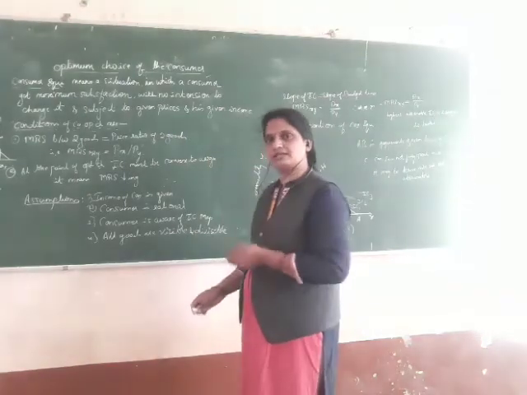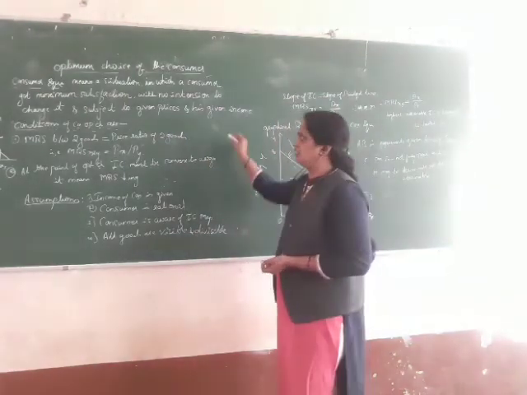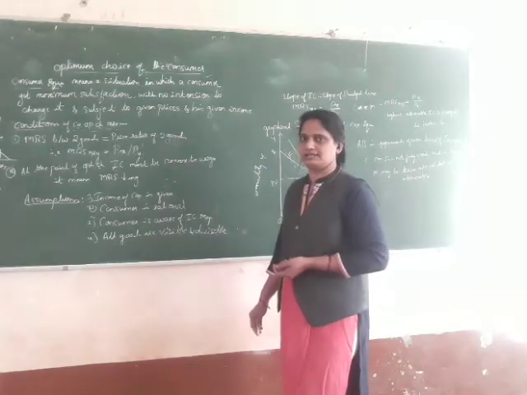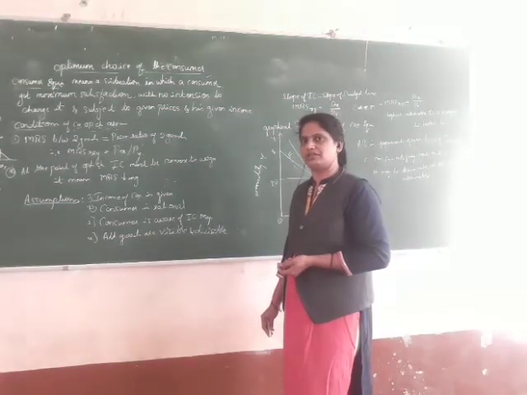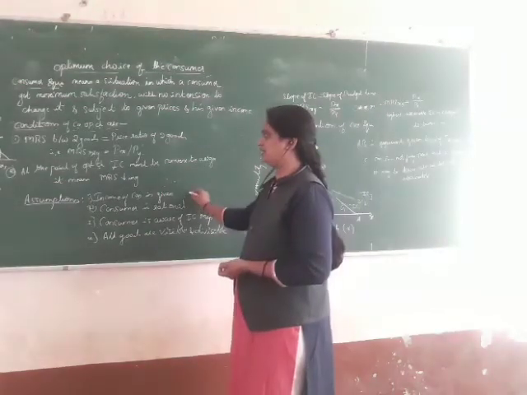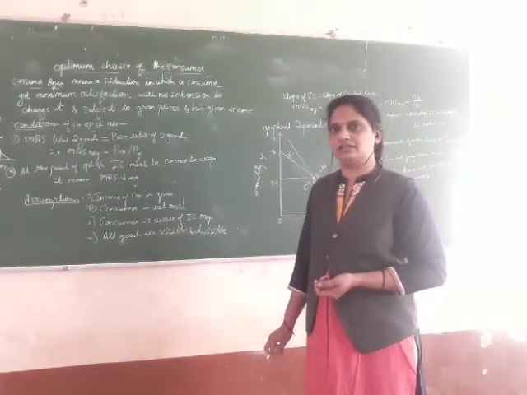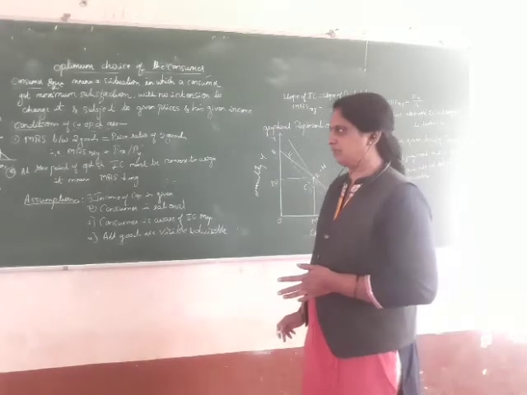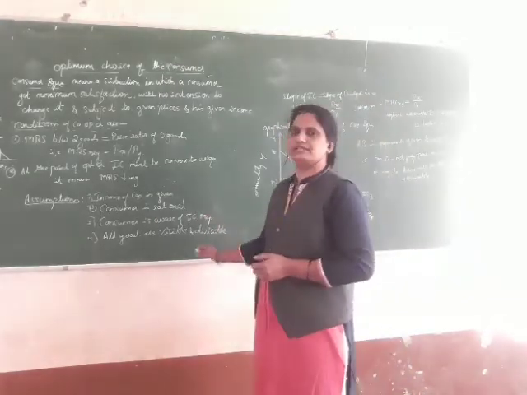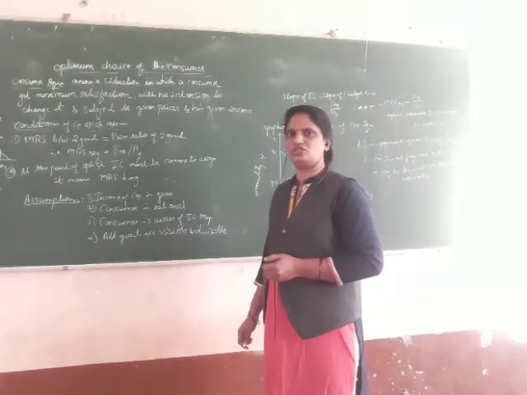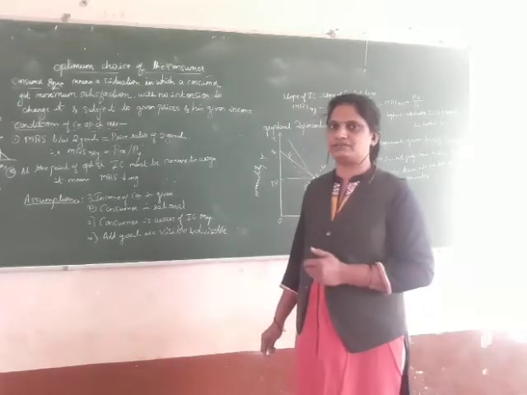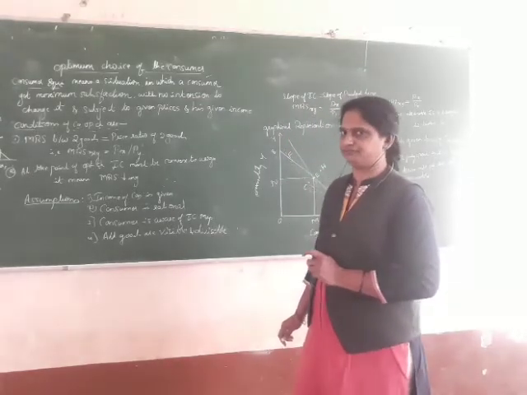Now, what are the assumptions on which this optimal choice of the consumer is explained? The first is that the income of the consumer is given and remains the same. The second is that the consumer is rational, that is, the consumer tries to maximize his satisfaction with the given income.